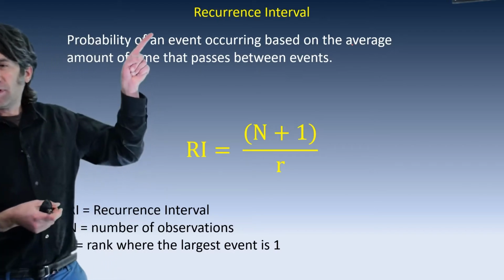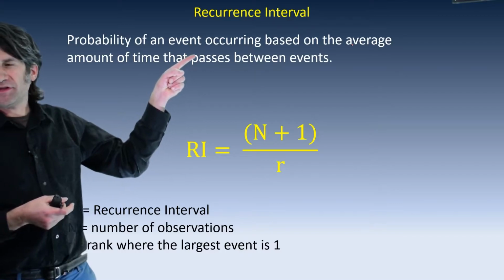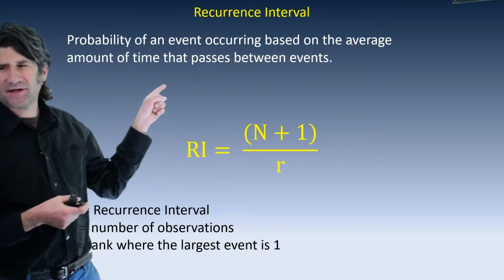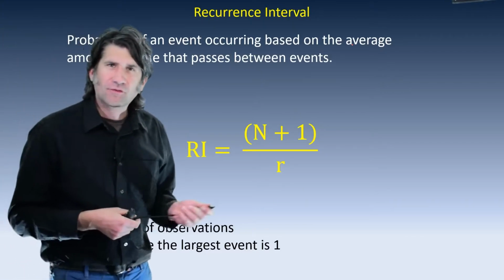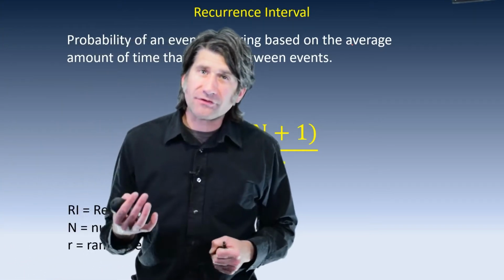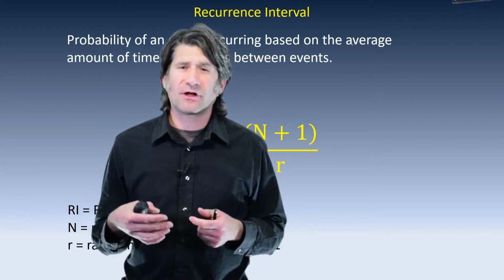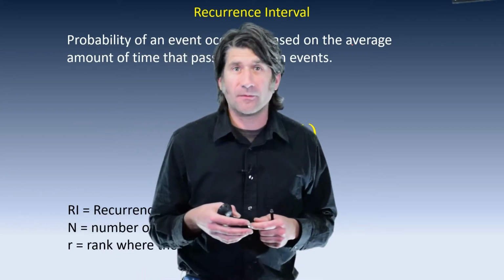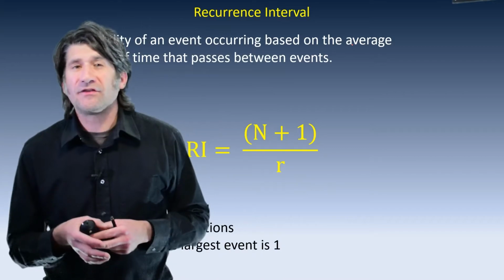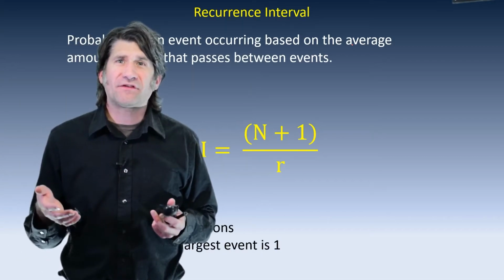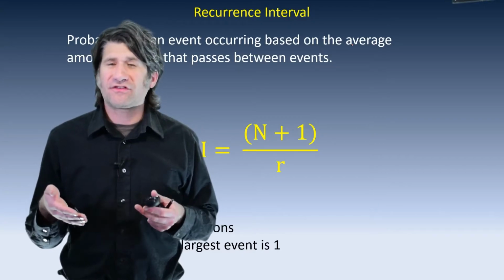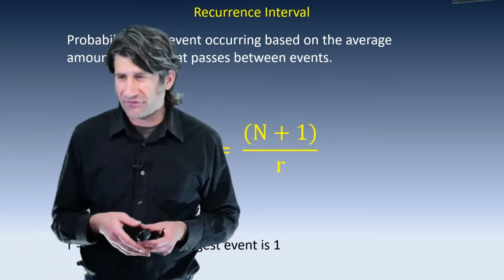So here, my textbook definition: probability of an event occurring based on the average amount of time that passes between events. Okay, so this is where you've probably heard these terms before. This is where the terminology, the 100-year flood, comes from, right? The 100-year flood is basically the size of a flood we would expect to happen once every 100 years based on statistical analyses of previous floods.